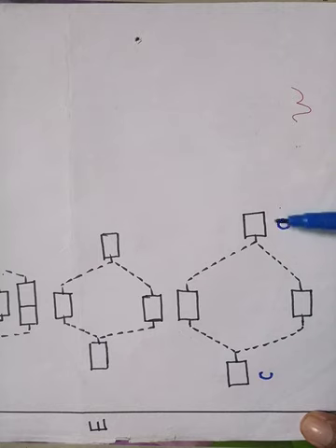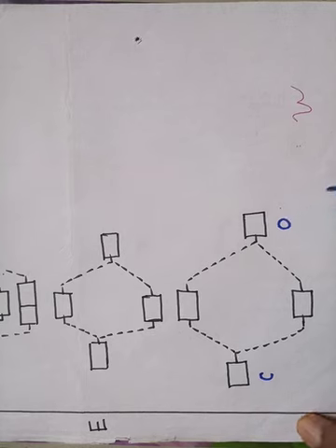Okay, so these are the atomic orbitals of carbon and of oxygen.